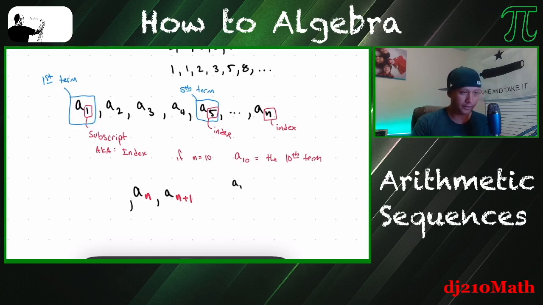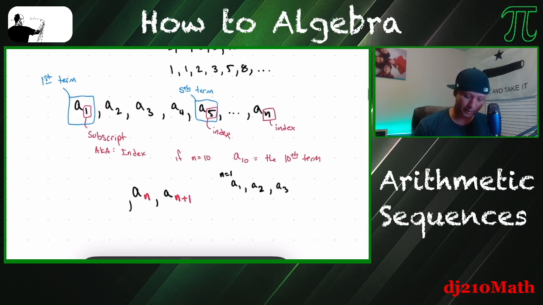Then, since n is 1, the next term would be a sub 1 plus 1, which would be a sub 2. And then a sub 2 plus 1 would be a sub 3. And this would be so on and so forth until you get to whatever number.